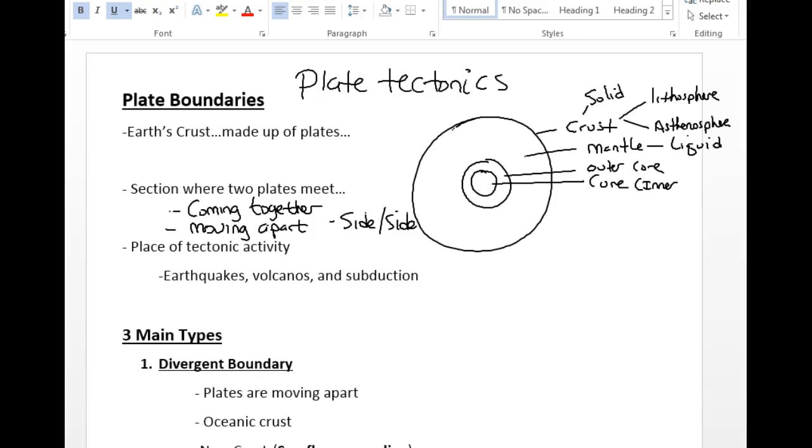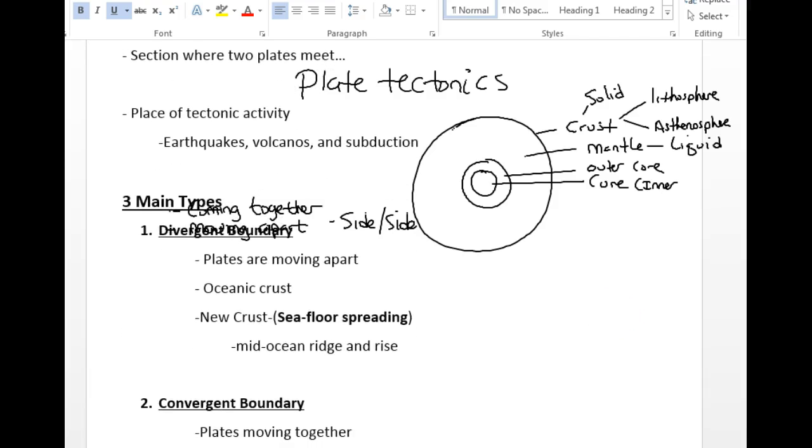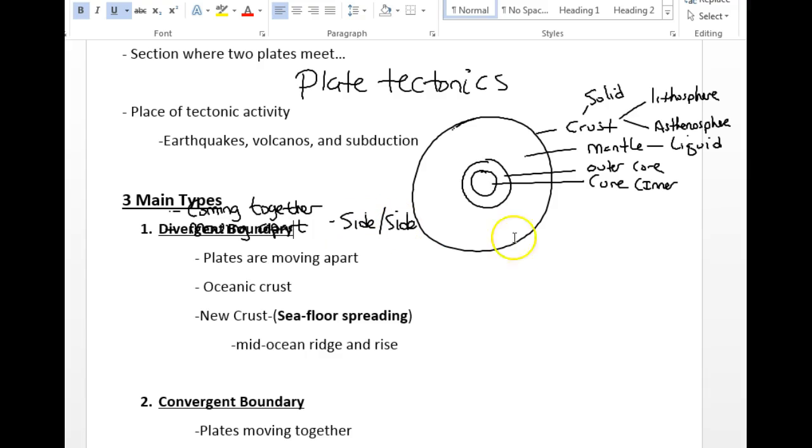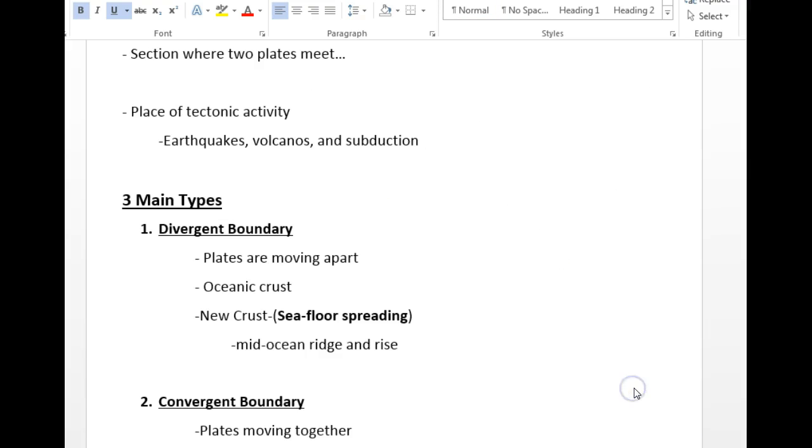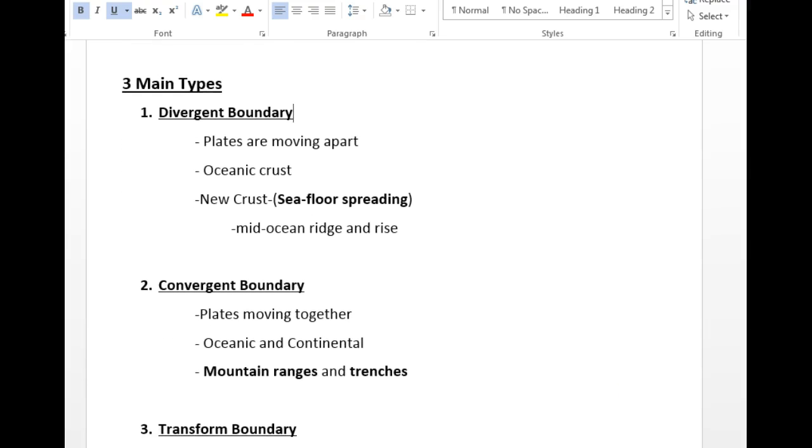Okay, so we go down. I'm going to erase that too. We'll actually just clear it. Okay, so there are three types of these boundaries that form the mid-ocean ridge and that form things on the Earth that we see.